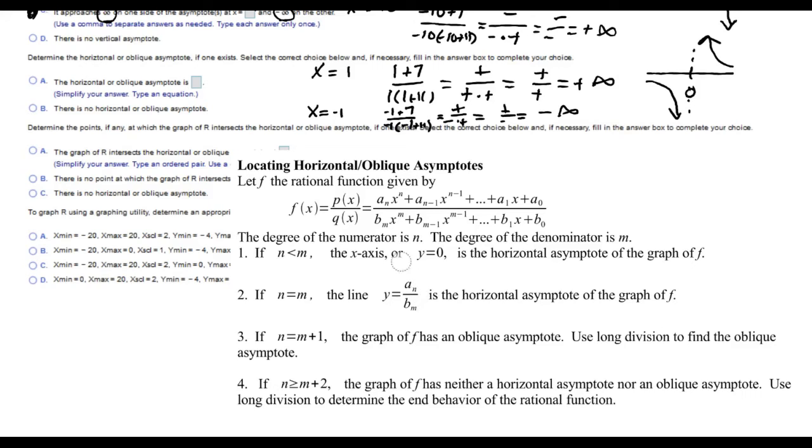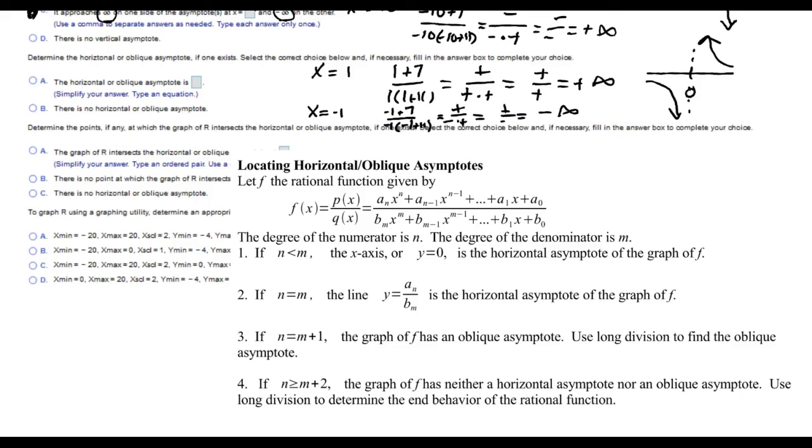The ratio of those leading coefficients is going to be a horizontal asymptote. If the degree of the numerator is 1 more than the degree of the denominator, then we're going to have an oblique asymptote instead of a horizontal asymptote. And if the degree of the numerator is 2 or more larger than the degree of the denominator, then we're not going to have a horizontal or an oblique asymptote.